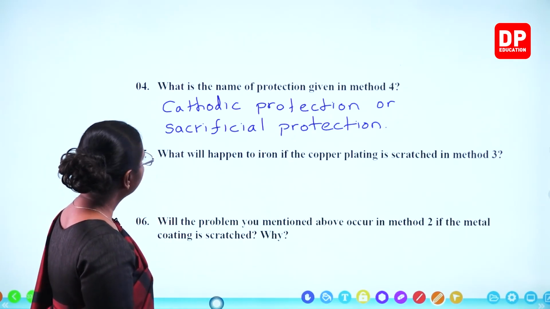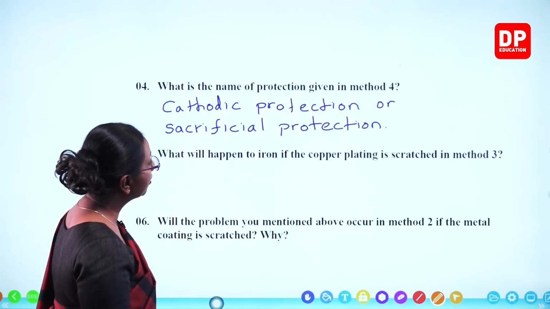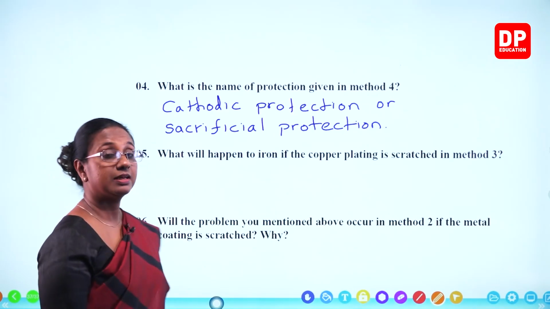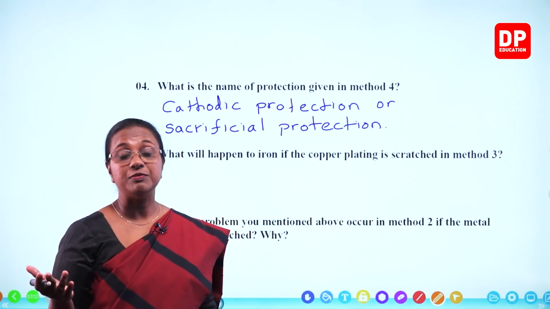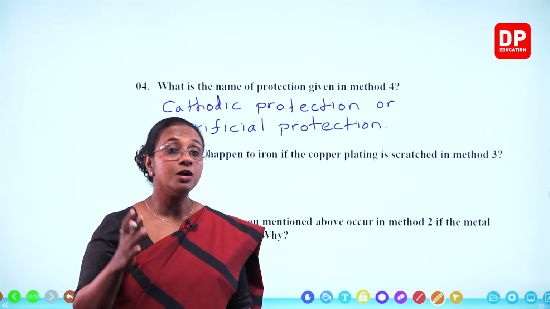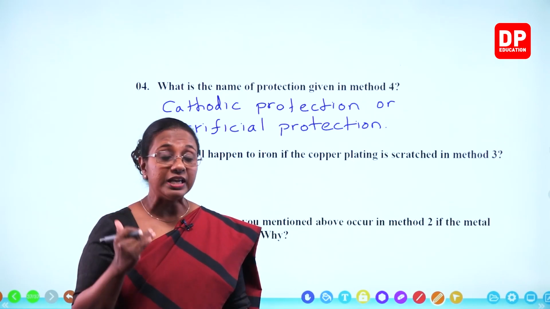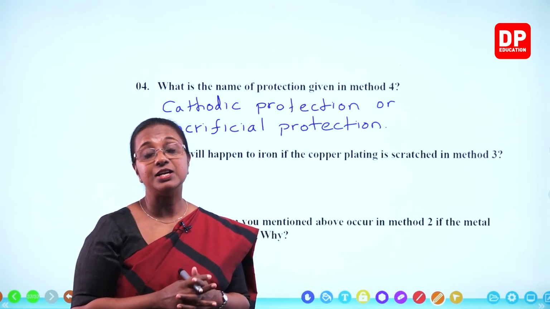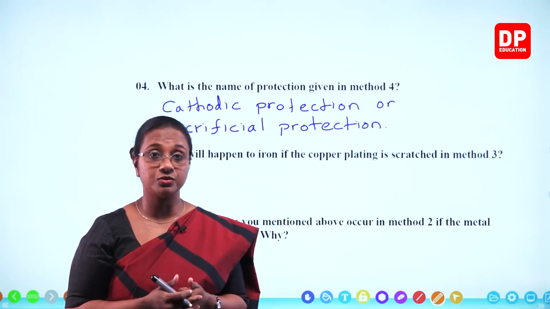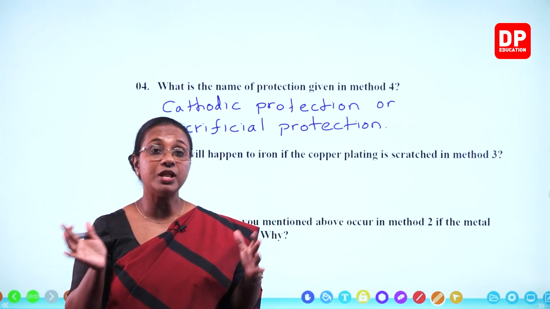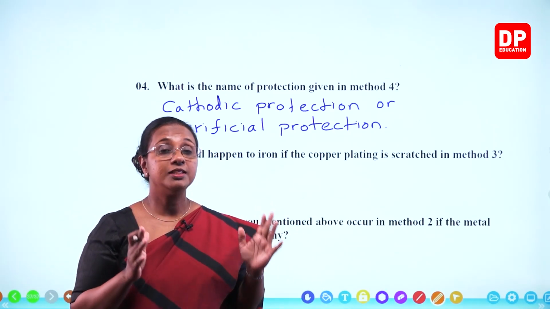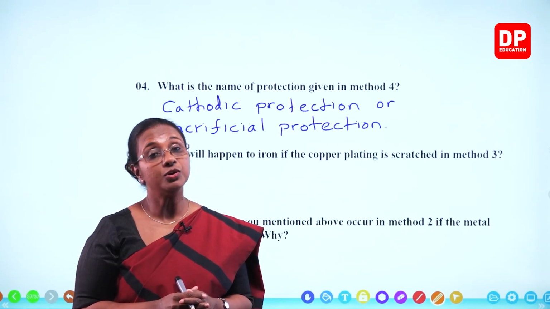Then fifth one. What will happen to iron if the copper plating is scratched in method 3? I have explained this before also, students. You can remember copper is below iron in the activity series. So, if you have copper and iron together, we have done that activity also. Copper will act as the cathode, iron will act as the anode. Therefore, iron will undergo rusting.